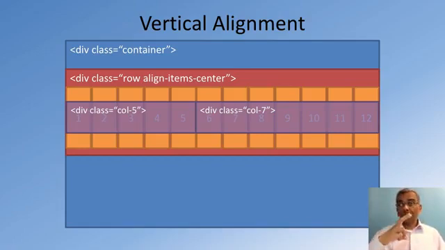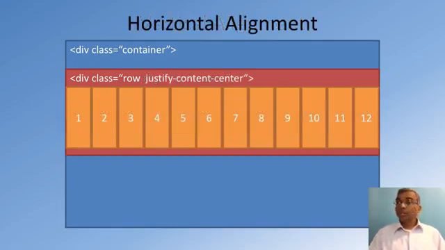Or if you pre-specify the height of a row, then all the content will be centered vertically within that particular row. Not only that, Bootstrap's grid also supports horizontal alignment of content. Let's look at an example.